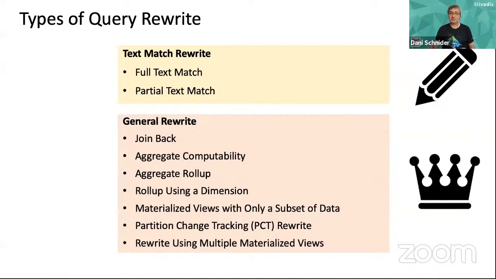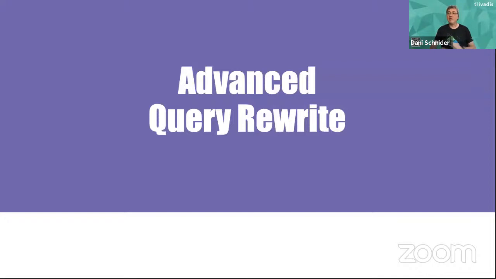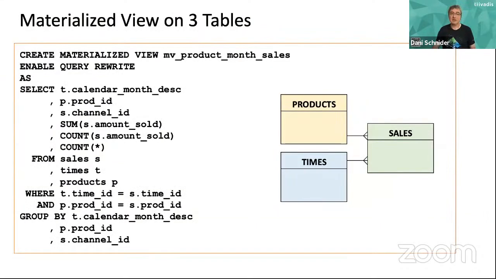And that's the thing we will look at on the next few slides, and then with a live demo how this really works. So some of these features of the advanced query rewrite possibilities. For all the examples, I use this materialized view here. So also a materialized view on the 3 base tables like before, but slightly different.